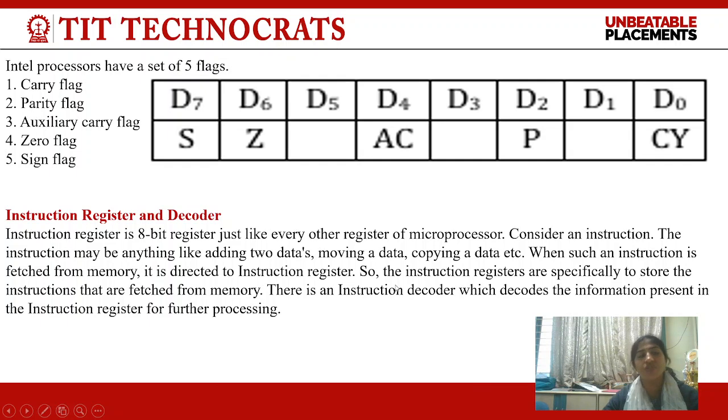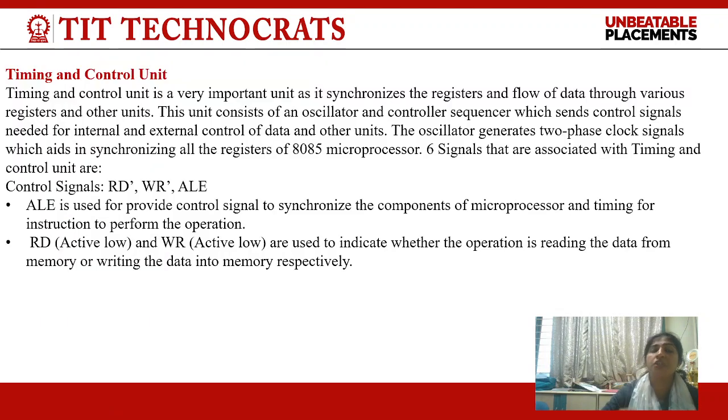When such an instruction is fetched from the memory, it is directed to the instruction register. So the instruction register is specifically meant to store the instructions fetched from the memory. The instruction decoder decodes the information present in the instruction register for further processing.